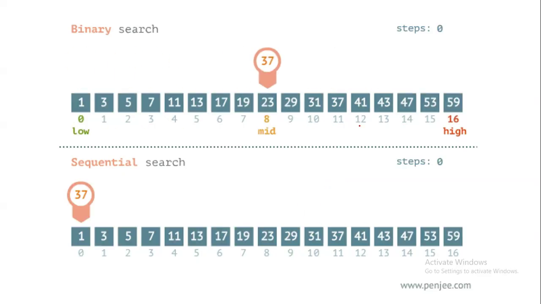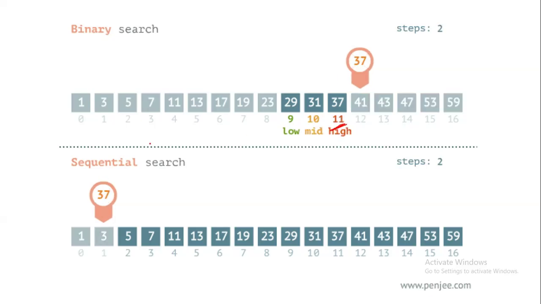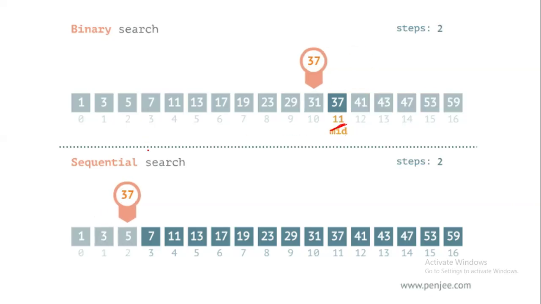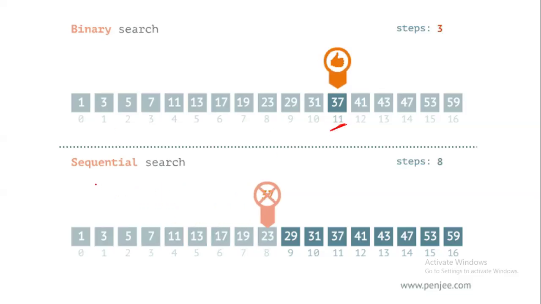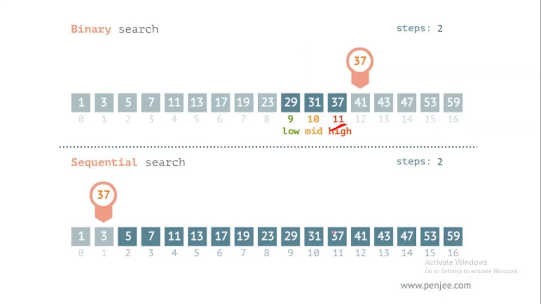Over here I want to search the element 37. Only within 3 steps we are able to get the element, whereas in case of sequential search it requires 11 steps to find the element 37.